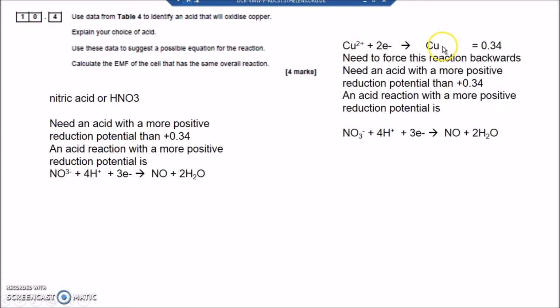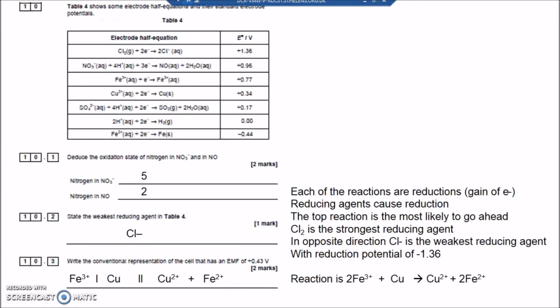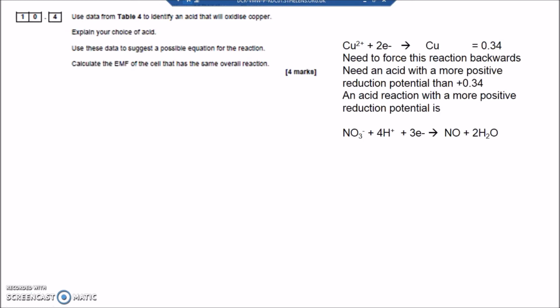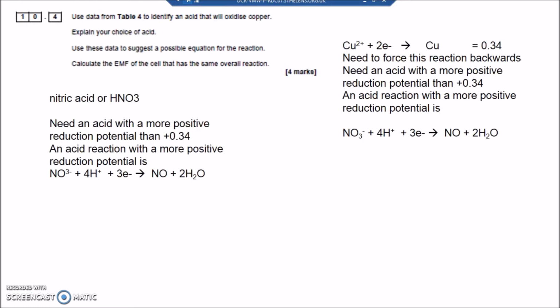It will be oxidized and give a minus 0.34, and the plus 0.96 therefore will be added to the minus 0.34 to give a positive EMF overall. So we're looking for something with a reduction potential larger than 0.34. So when it's added to minus 0.34, it gives a positive EMF overall.